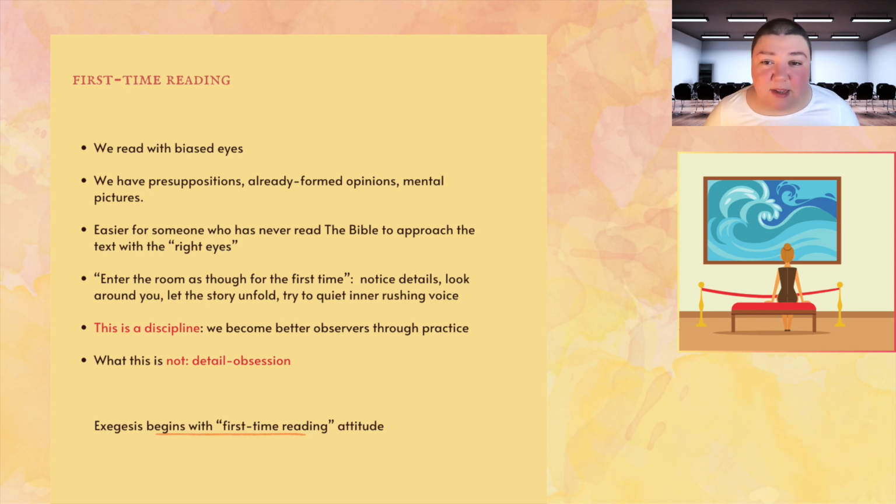This is a discipline. We become better at it by practicing. We can practice on using the skill to become better observers. And no, observing does not entail scouring the text, looking for that golden nugget so that you can win an argument with another church member. Treat it like when you go to a museum and you walk from painting to painting, taking your time.